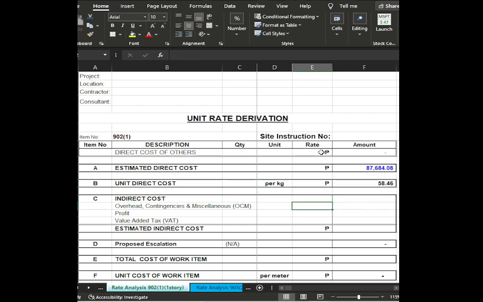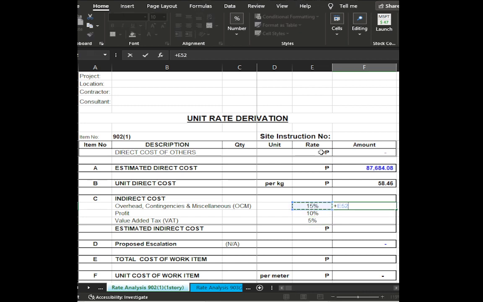So for our OCM and profit and tax, our indirect cost, the same guy, 15% for OCM, then the profit is 10% assumed, then 5% for the VAT. So we will get this one, the total from direct cost 15%, then 10% for profit, then 5% for the total of the direct cost plus OCM plus profit.